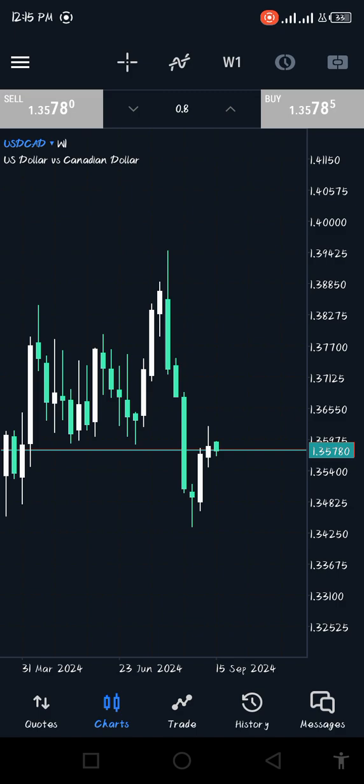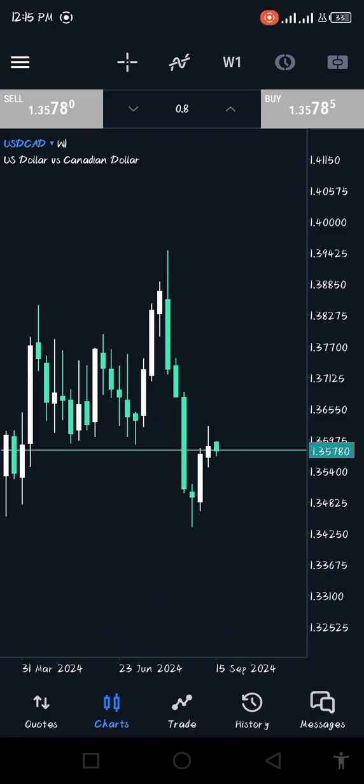So where are those major zones? Major zones are where price has reacted to or from in the past.